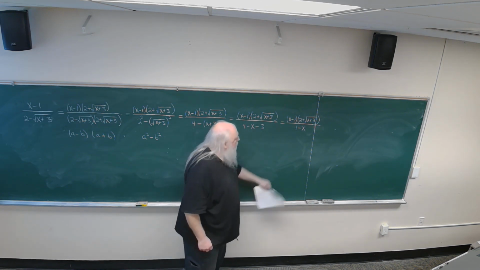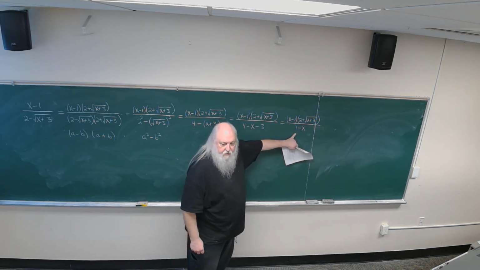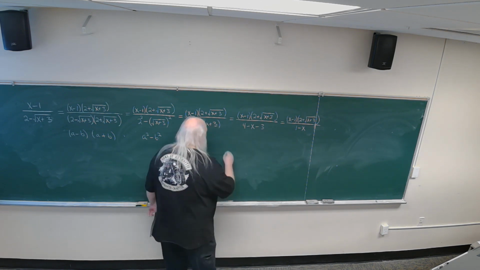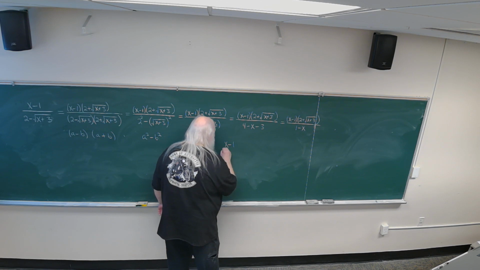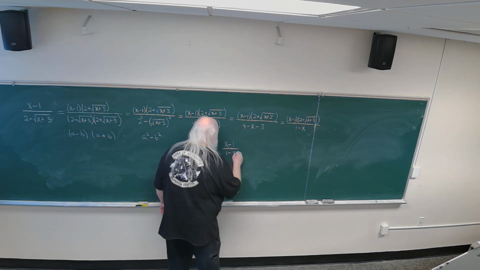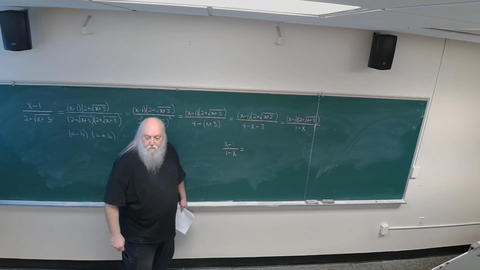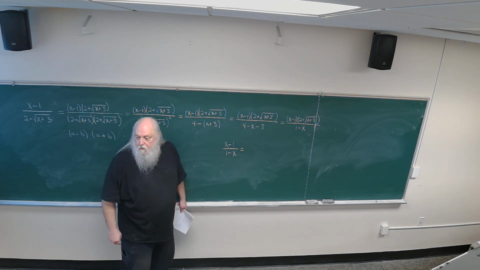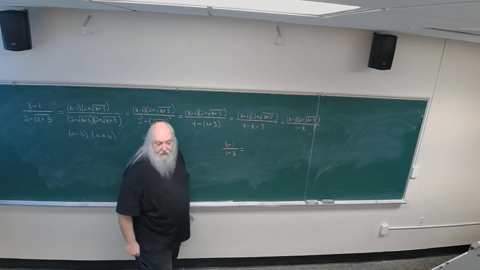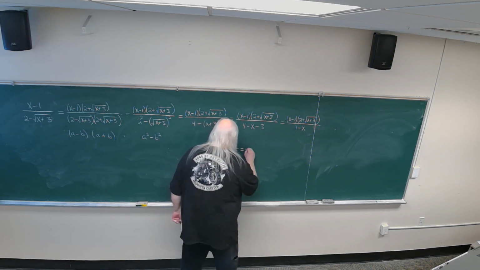Now you might think we don't have a common factor in the numerator and denominator, but we do. x minus 1 over 1 minus x, what's that equal to? Negative 1.